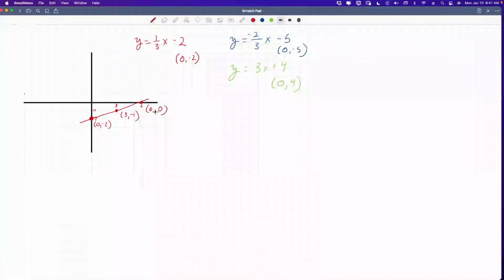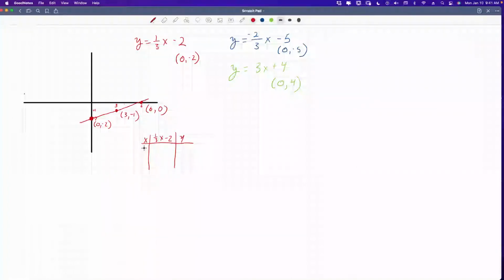So let's look at something interesting about this, okay? Remember our table where we used to solve for y and x? If I put in x, and I draw my little table here, and I put in 1/3 x minus 2, that's my formula. And then this is my y.